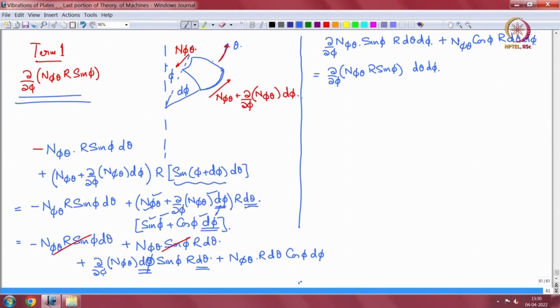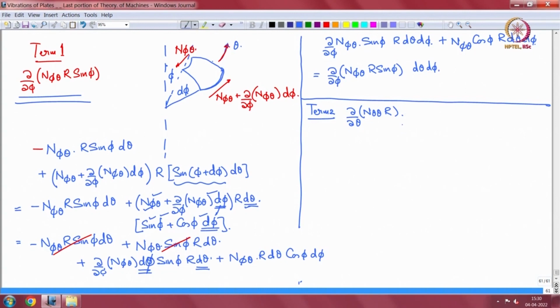Next, the next term is term 2. Term 2 is del theta n theta theta, A1 is R. Okay.